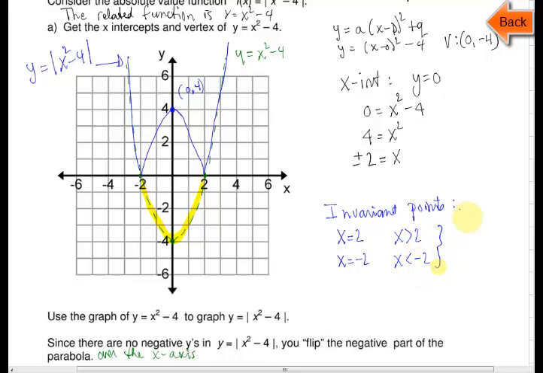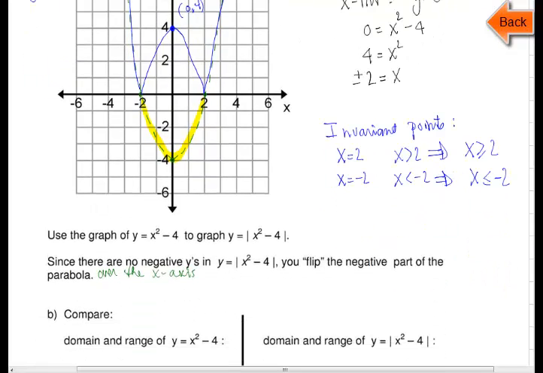Okay, and you can combine these by writing x is greater than or equal to 2 and x is less than or equal to negative 2. Okay, so that's where your invariant points are.